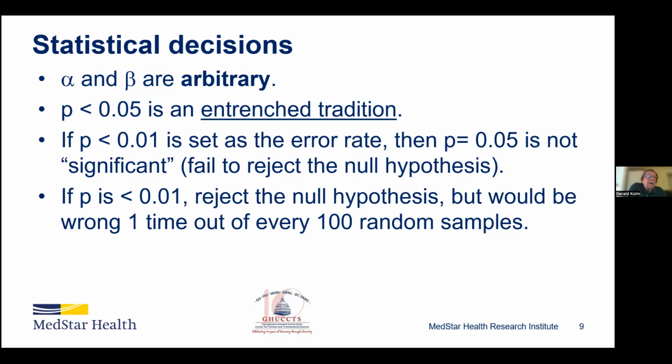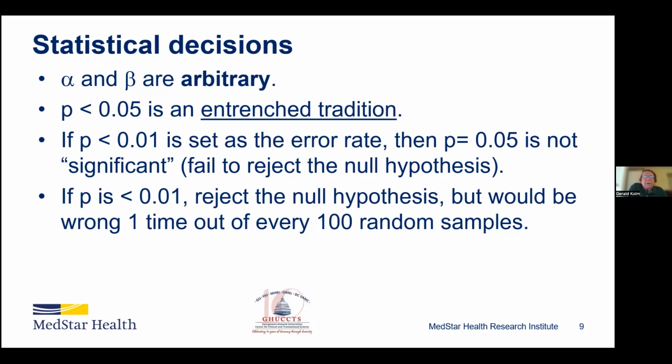So if we had, for example, set our alpha error rate at 0.01, or being wrong one time out of 100, then if we got a p-value equal to 0.05, it would not be statistically significant. So in that case, we'd fail to reject the null hypothesis.